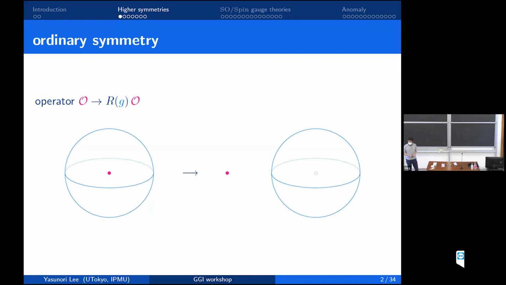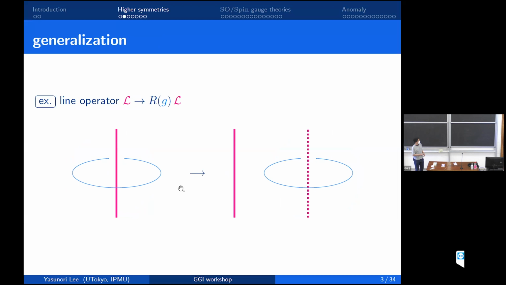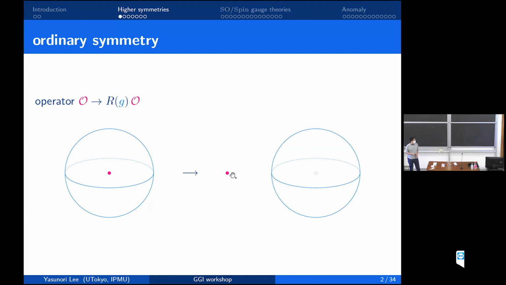The symmetry action can be implemented by a surrounding codimension 1 symmetry operator, which is labeled by the group element g of the symmetry group. When this charged operator crosses this codimension 1 symmetry operator, it gets acted on by the symmetry. As a result, it acquires some factor depending on the label g of the symmetry operator, and also on the charge or the representation of the operator itself under the symmetry.